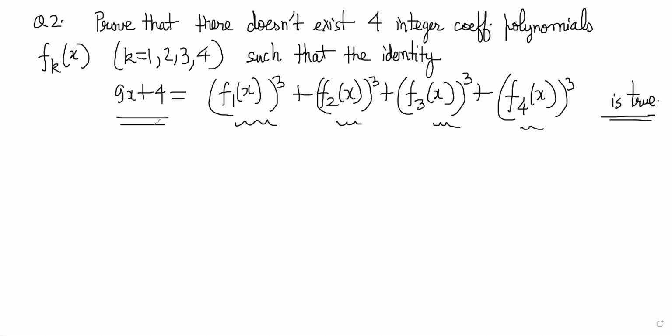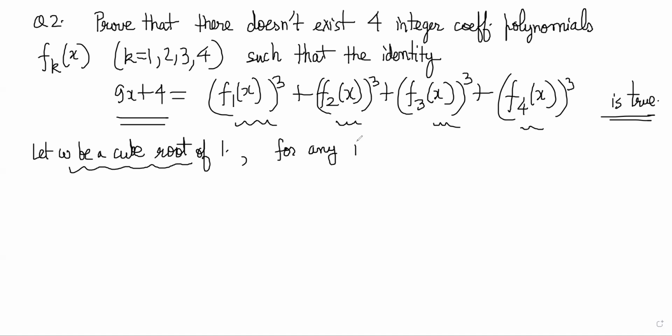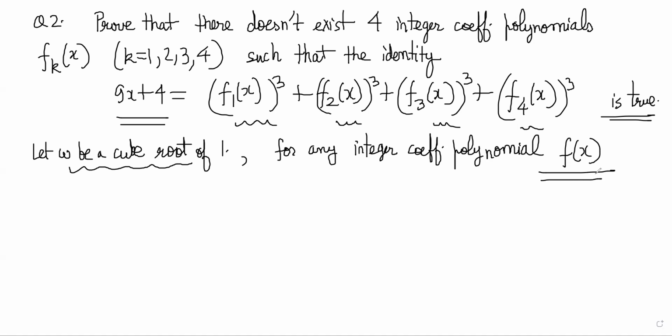Now, this is a tricky problem because you don't know immediately what approach you are supposed to take here. So what we will do here is let omega be a cube root of 1. Now, for any integer coefficient polynomial f of x, we can say f of omega should be a linear polynomial in omega, correct?